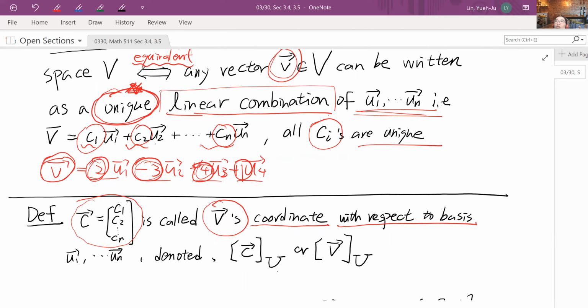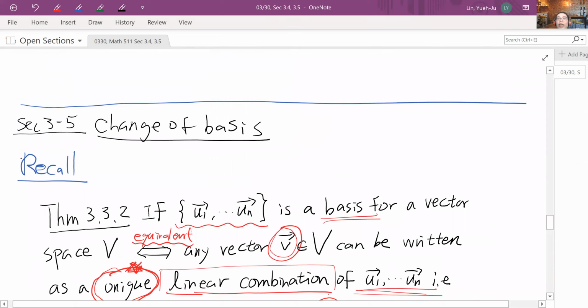You have a coordinate of a vector, which is the coefficients of the linear combination, with respect to one particular choice of basis. Once I change the basis, my coordinates will change, because the foundation changed. But what's the correlation between these two different coordinates? That's exactly the topic we want to discuss. Think of change of basis as changing currency: you want to switch from dollars to euros, or euros back to dollars, or a different currency, and you want to see what the correlation is.